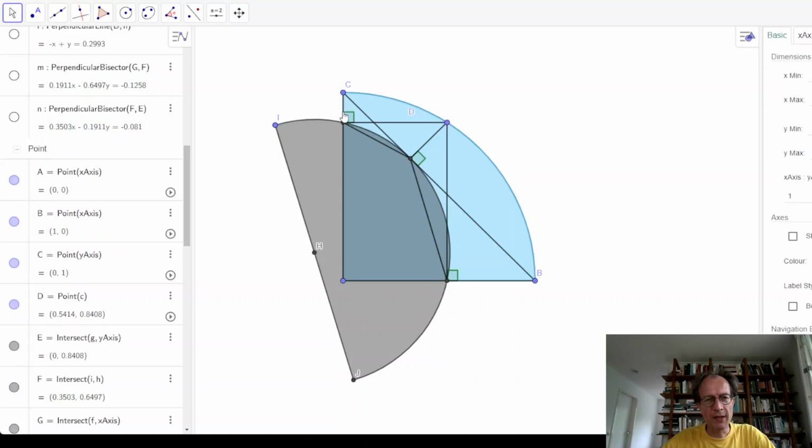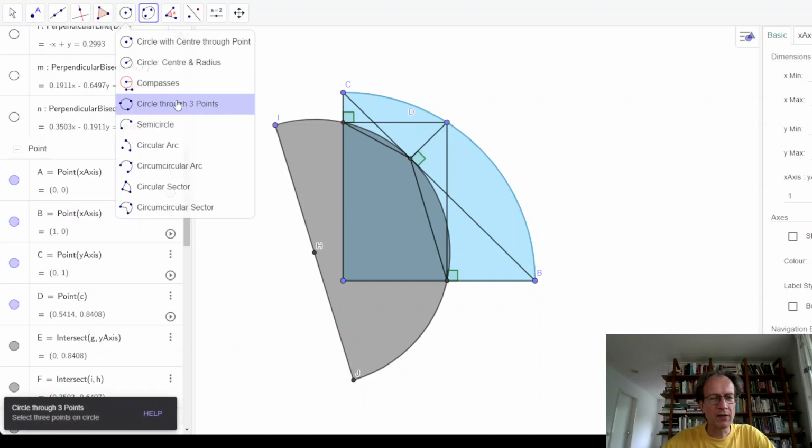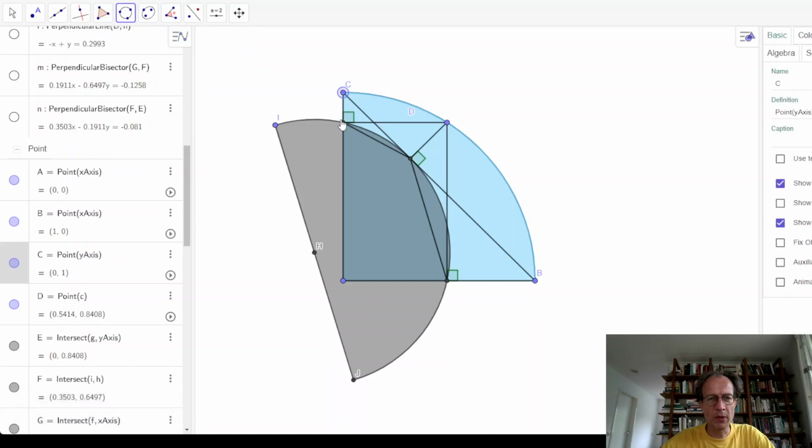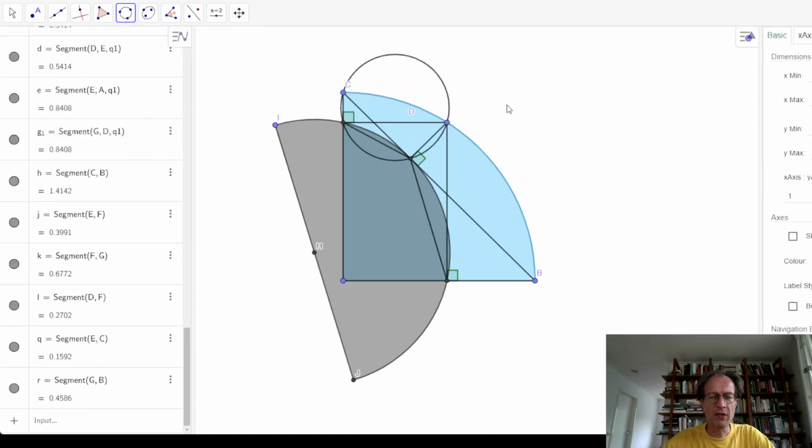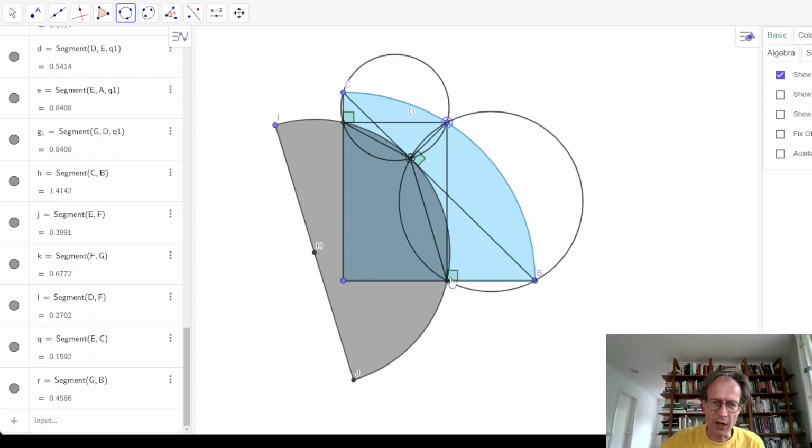Here there's a right angle, and here there's a right angle, which means that over here we have a cyclic quadrilateral. So let me draw the corresponding circle. This circle contains this quadrilateral. And in exactly the same way, we have here a right angle and here, so these 4 points are also on a circle.